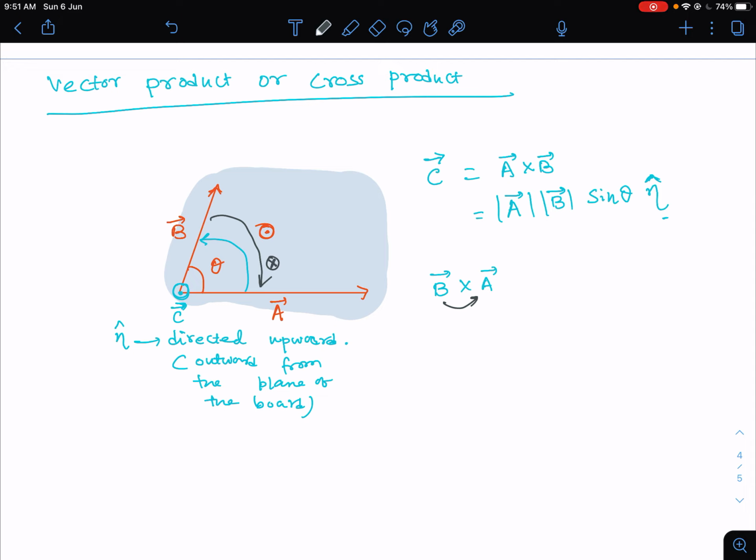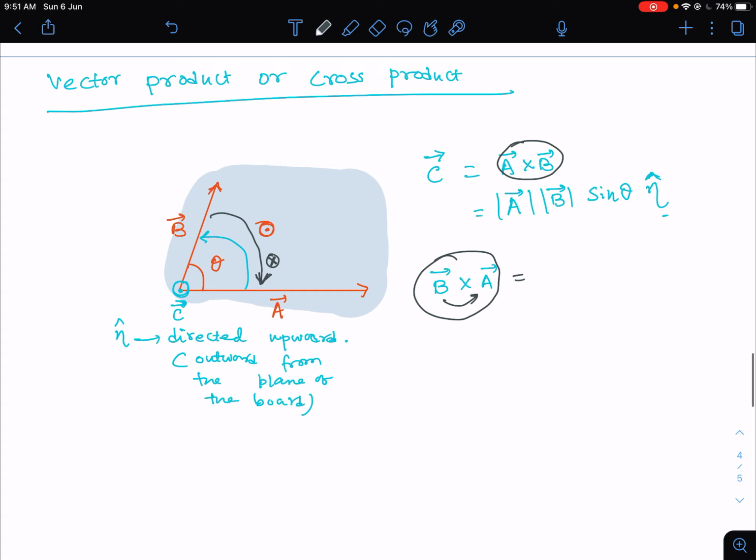So this vector B cross A has the negative direction of A cross B.